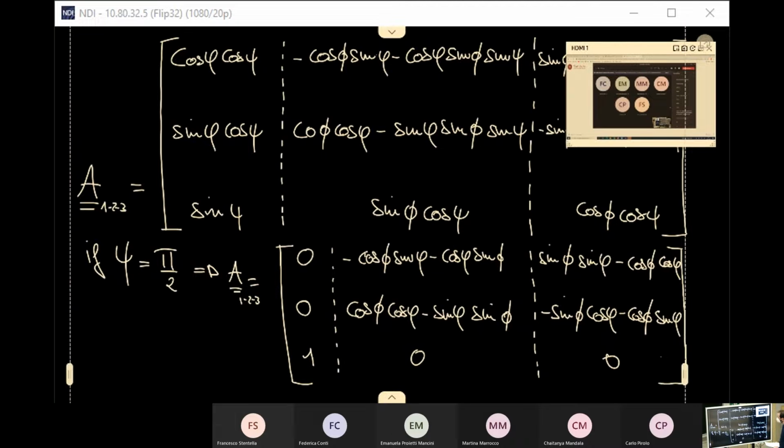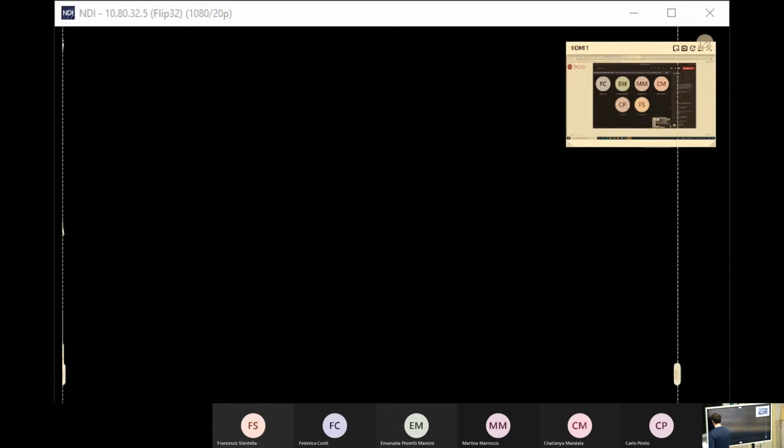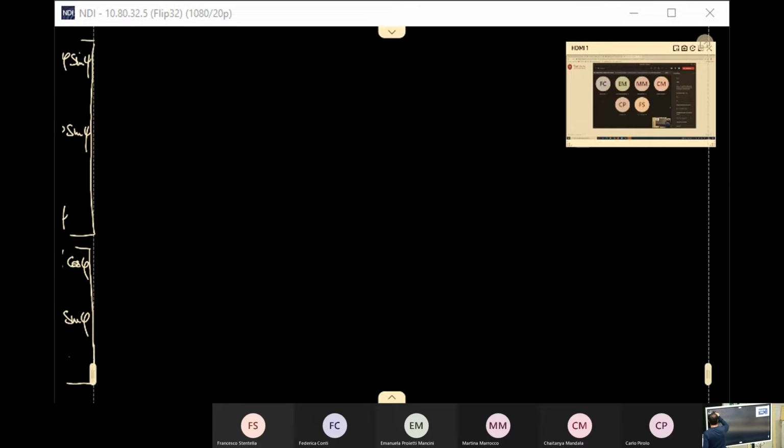So why did I do all of this? Because now if you take a look at the terms which are not 1 or 0, they can be grouped like this. So C is always equal to pi divided by 2.